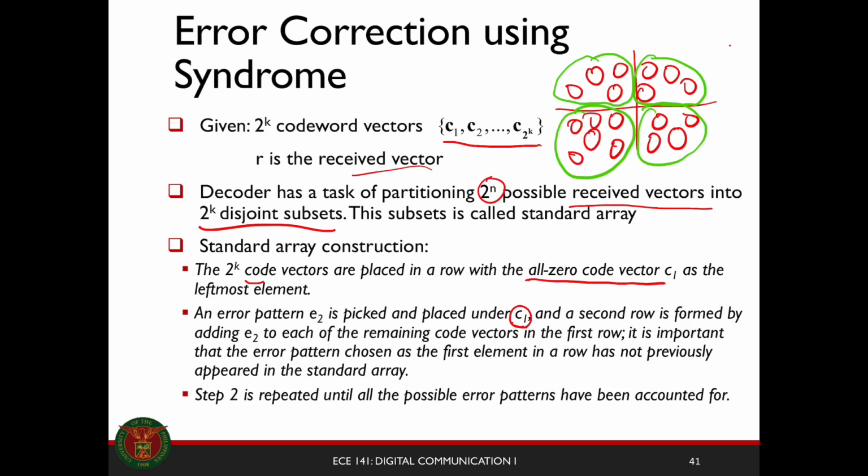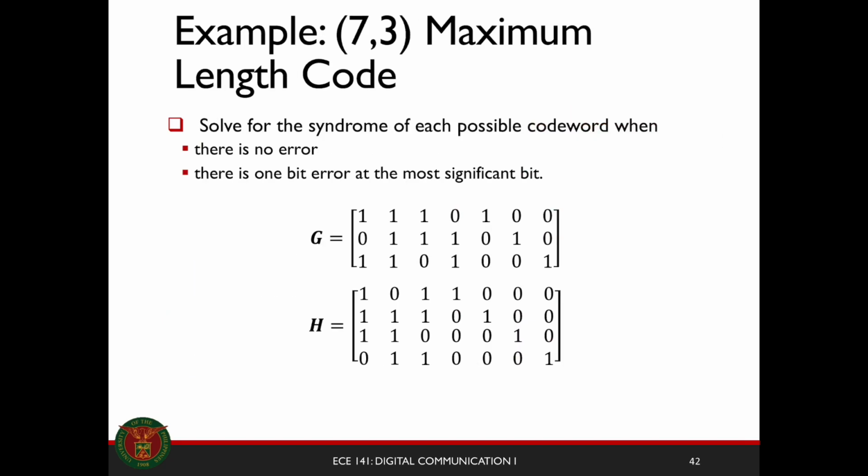You repeat that step until all possible error patterns have been accounted for. This is the most efficient, or at the very least standard, construction of this space by the receiver. The receiver constructs the reception space in this way. This is the algorithm to construct the standard array.